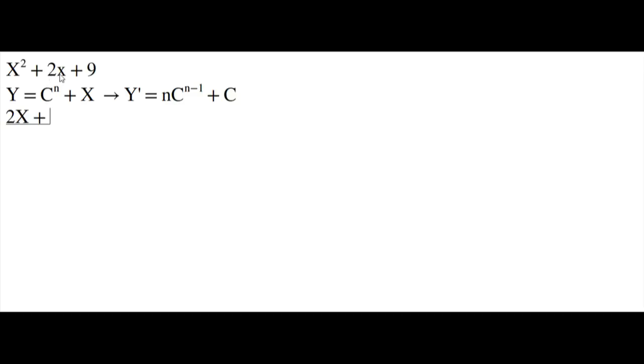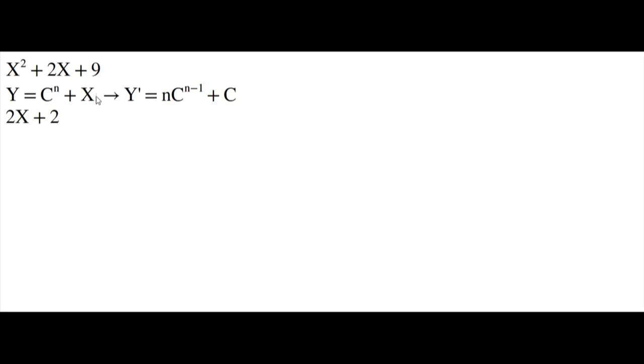In this case, x is to the power of 1 minus 1, which equals 0, and anything to the power of 0 is 1, so you're left with 2.